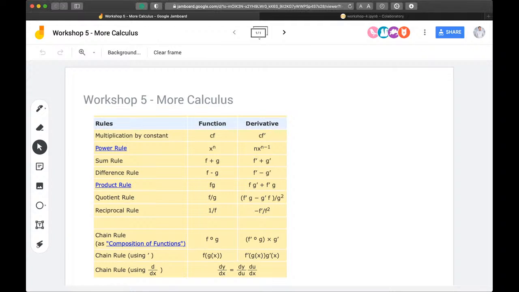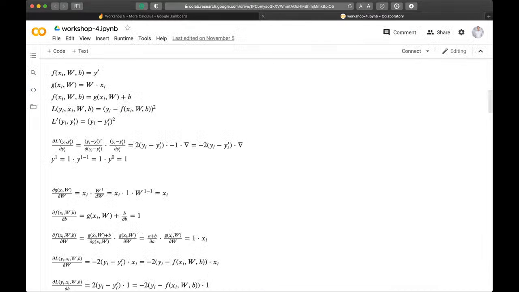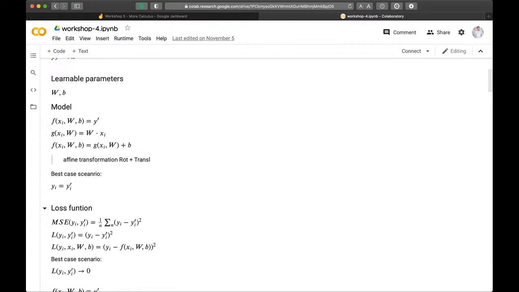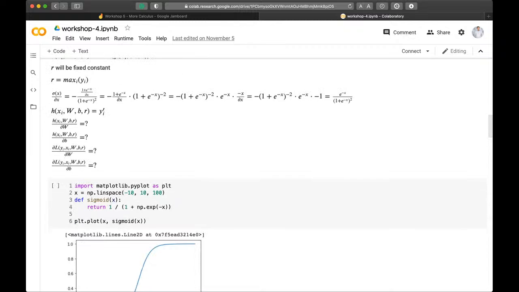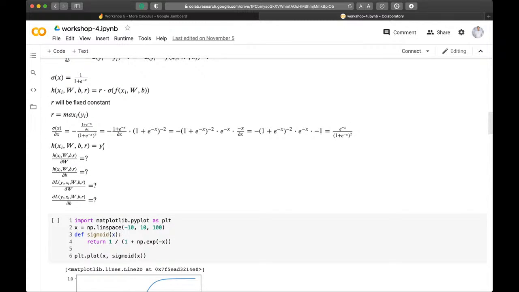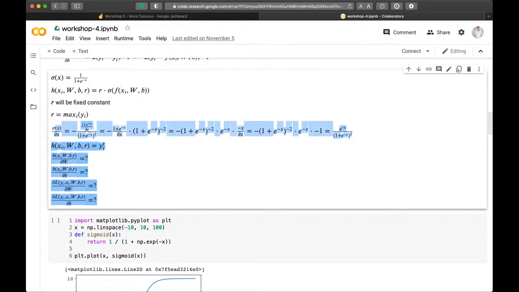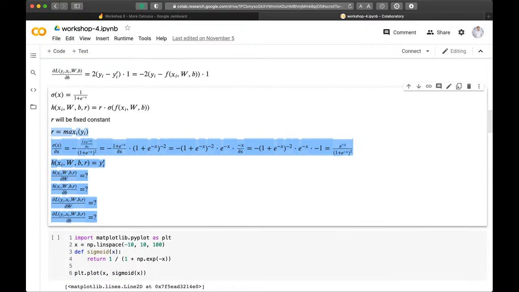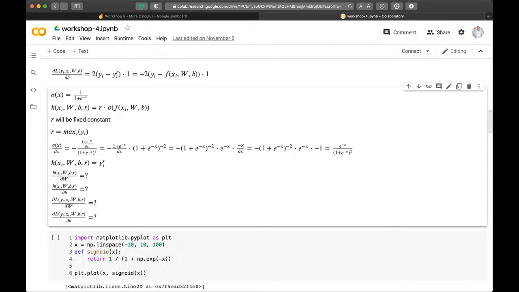Just to show the notebook, the homework was defined here. You should have made the model with a sigmoid over the whole expression here.